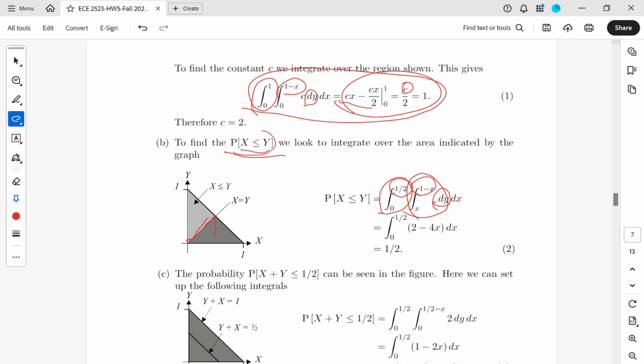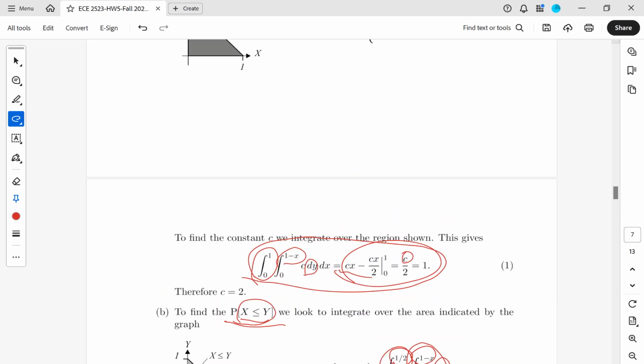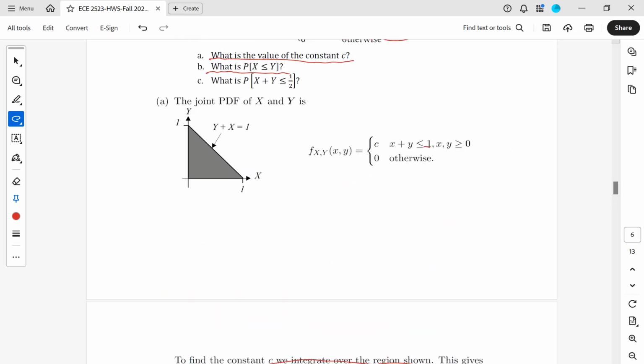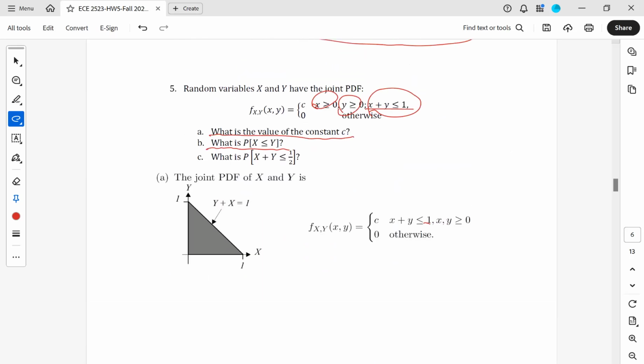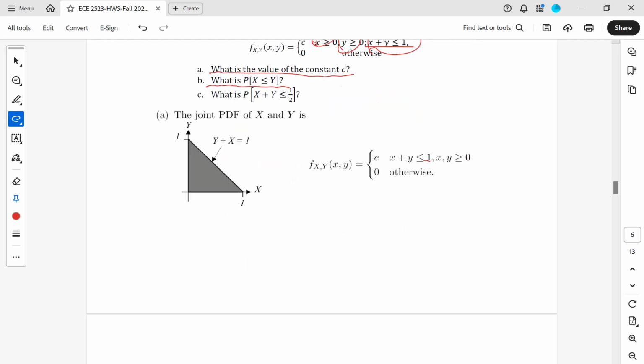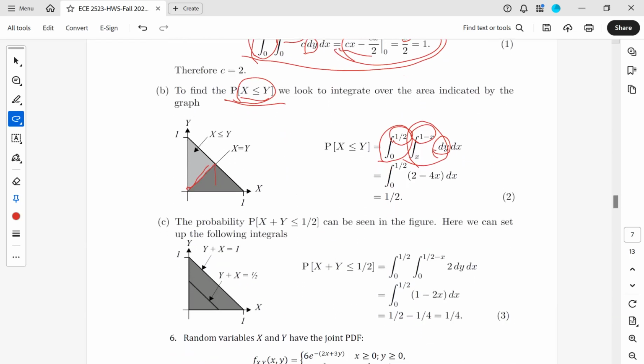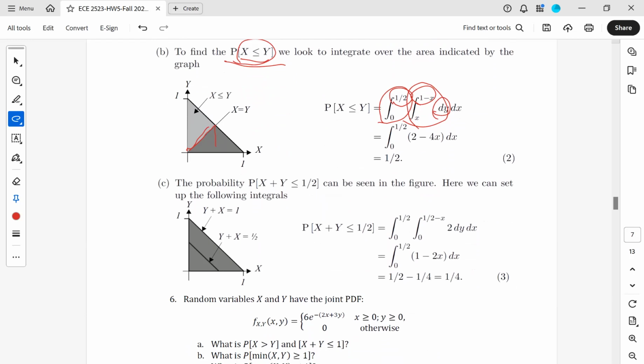One is that x should be less than y. The other one is that x should be less than 1 minus y. Okay, so we have those conditions. We have the lower limit and upper limit. We integrate over that, and we have our values.